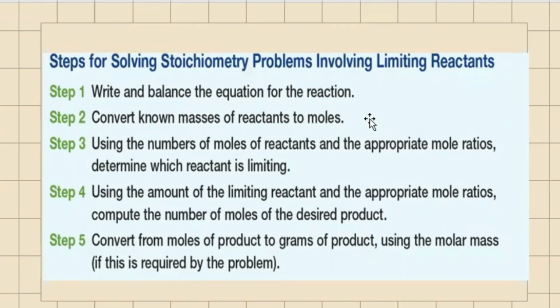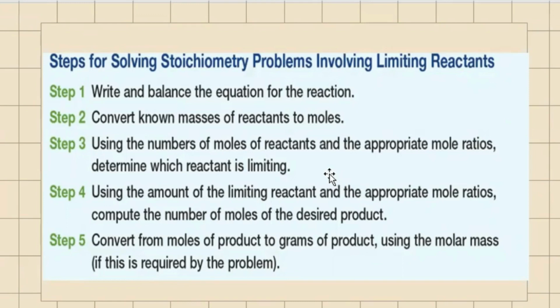The molar mass of 1 mole of a substance is used, and likewise for 2 moles, 3 moles, and so on. Third, using the number of moles of reactants and the appropriate mole ratios, determine which reactant is limiting.